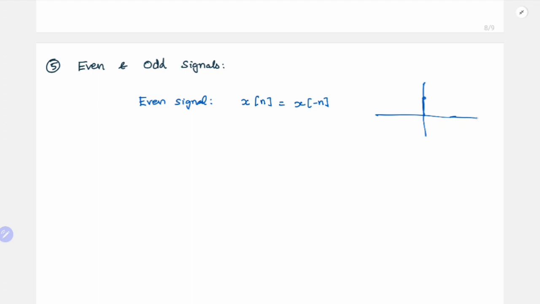X of 0 can be anything, but on both sides it should be symmetric. Okay. And your odd signal, your x of n should be equal to minus x of minus n. So it is anti-symmetric about the vertical axis. So if the right side is this, your left side should be something like this. And this is for all n.